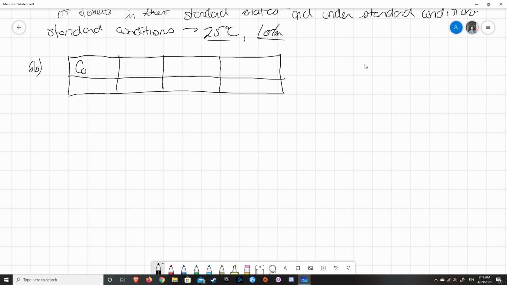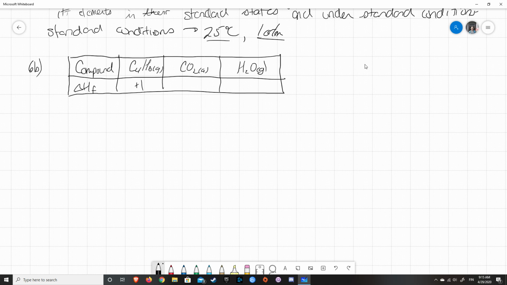Table. Here's the compound. Here's the delta H of formation. We've got C4H8 gas. You've got CO2 gas. You've got H2O as a gas.